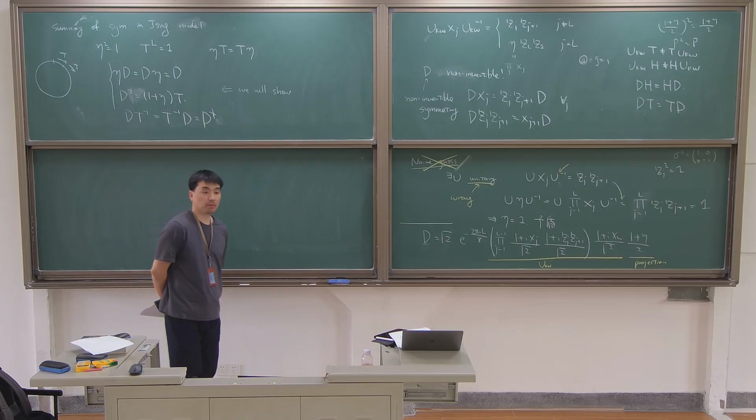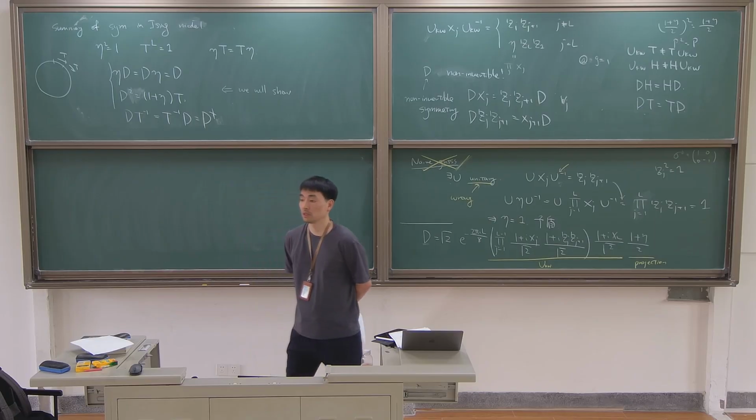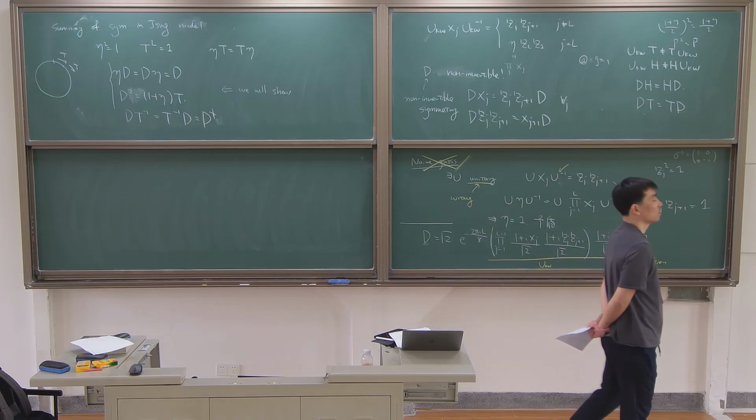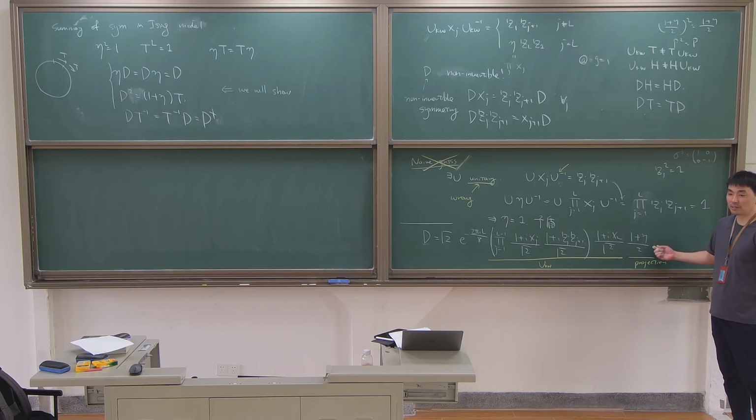You mean D admits the interpretation of a physical observable? Is that what you mean? Is that a question? I mean, it can be a realized operator. So that's a definition. It's operating in the system, but it's a symmetry of the system.